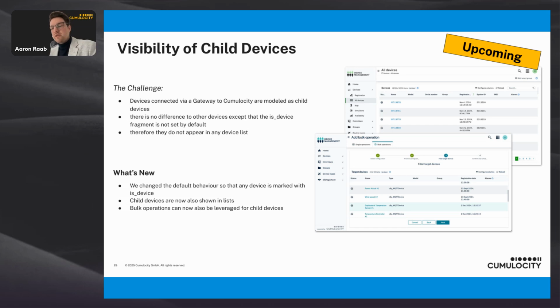However, this led to the situation that those devices aren't shown in the lists where devices are listed, like the all devices list, or the list where you select devices when addressing them via a bulk operation. That's why we changed this default behavior and also add the is device fragment to child devices, so that they will be shown in each of these device lists.